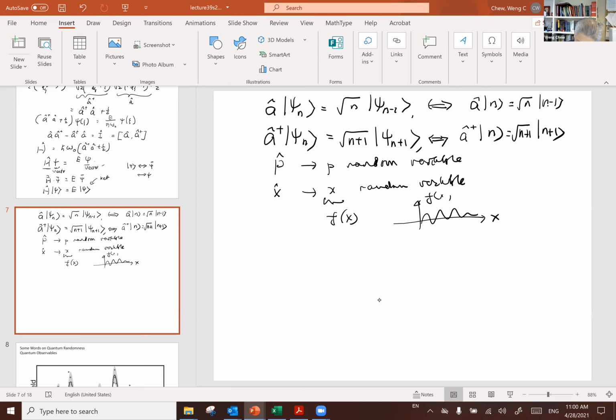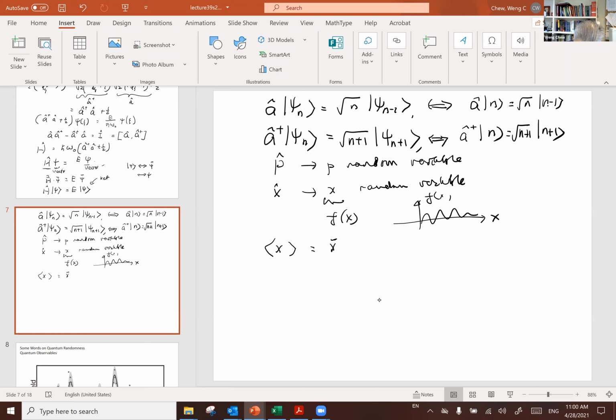And then in order to find the mean value of this position and momentum, you will have to find the expectation value. Okay, so the expectation value of the position, which is the random variable, is usually regarded as x bar, which is the average value.